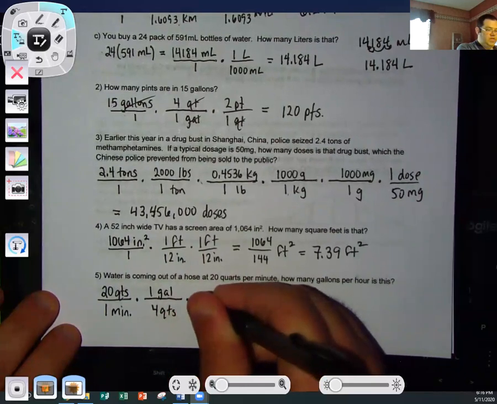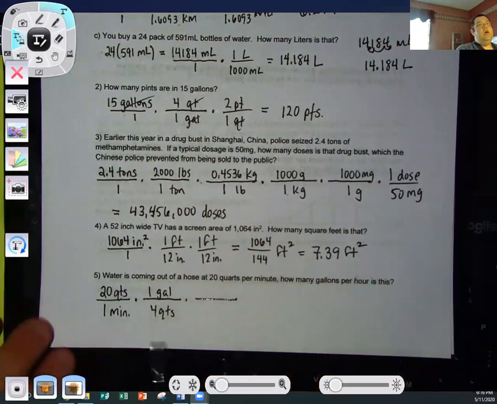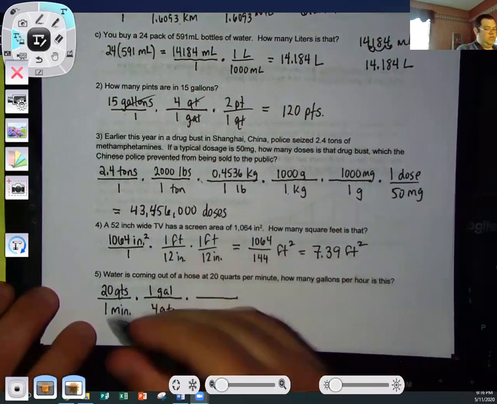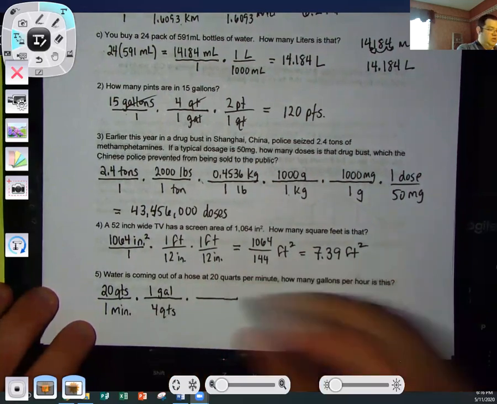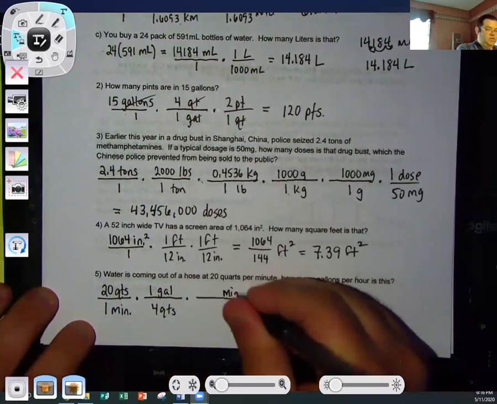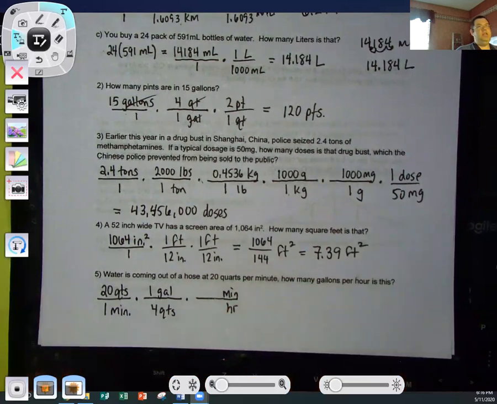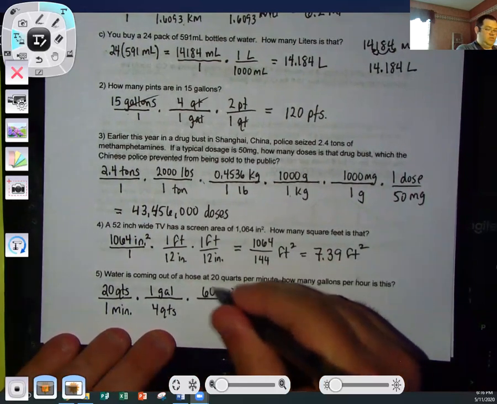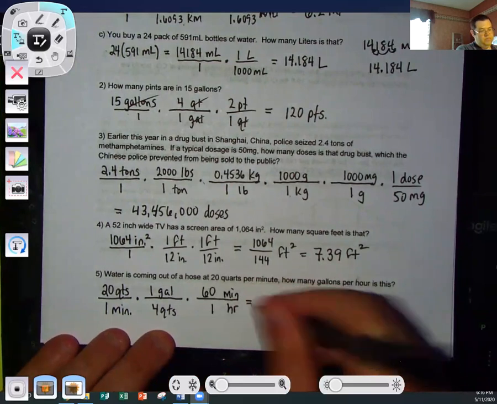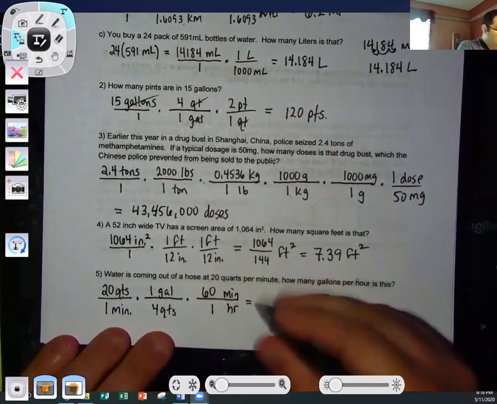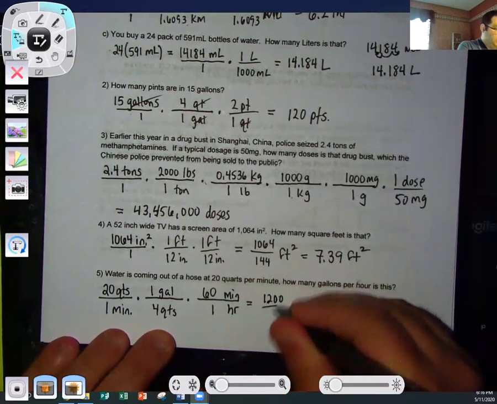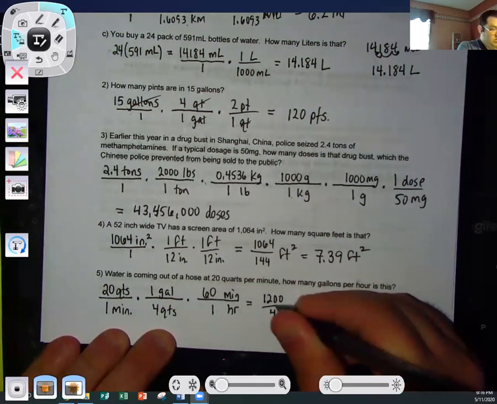Now here's where this one gets a little tricky. I've got minutes in the denominator. So because I've got minutes in the denominator, I've got to put minutes in the numerator, hours in the denominator. And we know that there's 60 minutes per hour. So when I multiply 20 times 60, that's 1,200. 1,200 divided by 4.